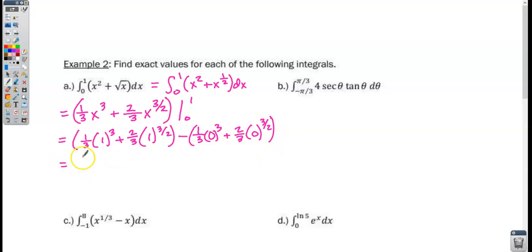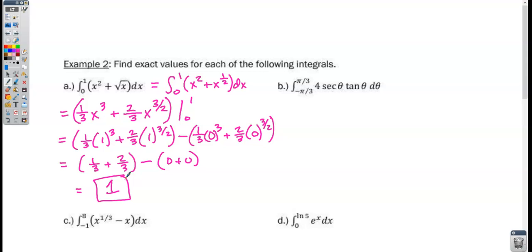And so that ends up being 1/3 plus 2/3 minus 0 plus 0. And all that combines to make the value of that definite integral 1.